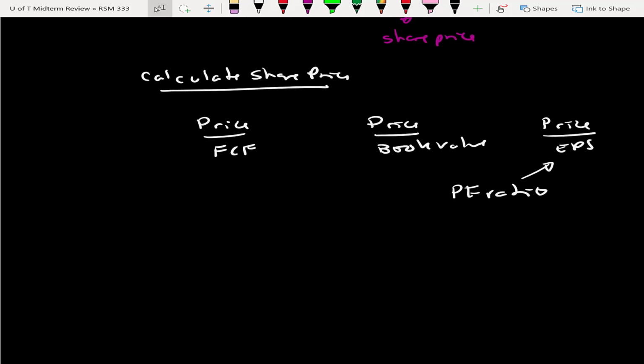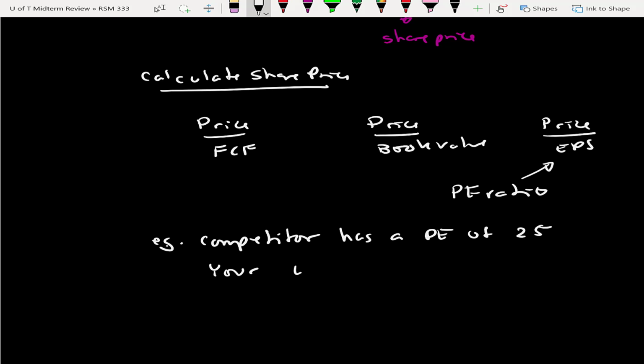So an example would be your competitor has a PE of 25 and your earnings per share are $2.